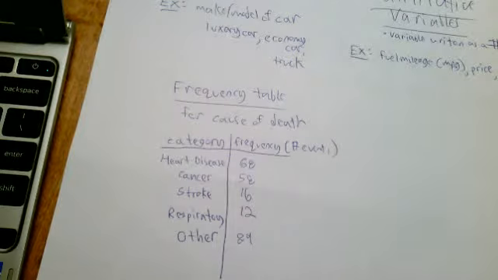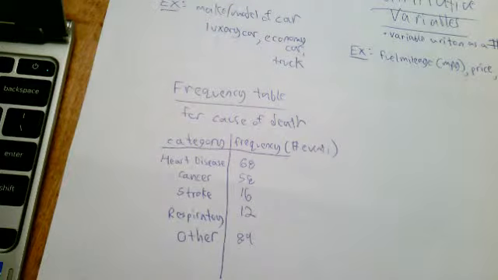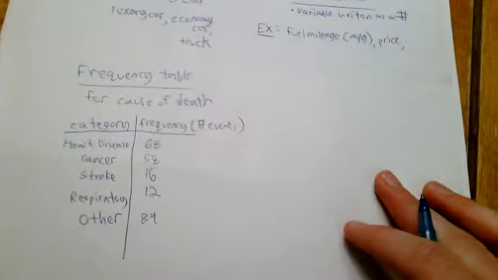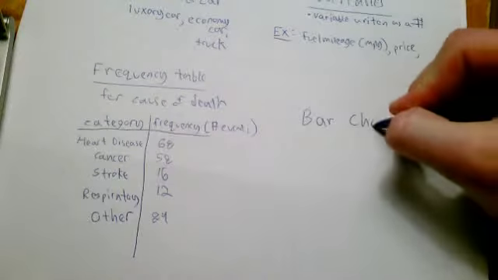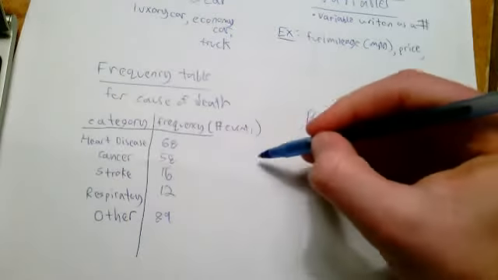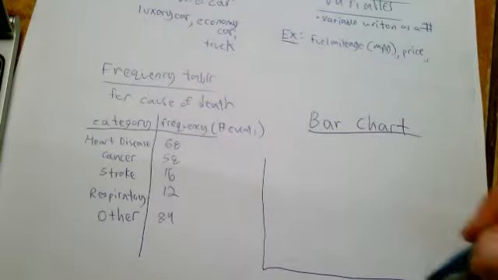So category and frequency. Now to better understand this distribution, it's very useful to make a picture. And by picture, I think we should start with a bar chart. Bar charts are the simplest type of drawing, and they're very versatile, as you'll find out throughout statistics. To make this bar chart, you want to get your y and your x-axis.